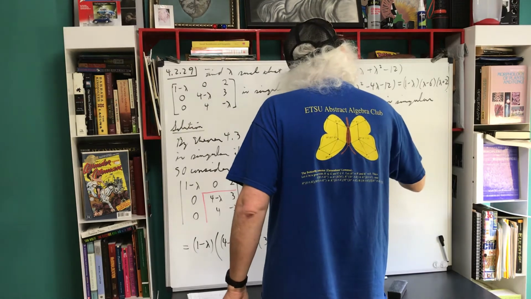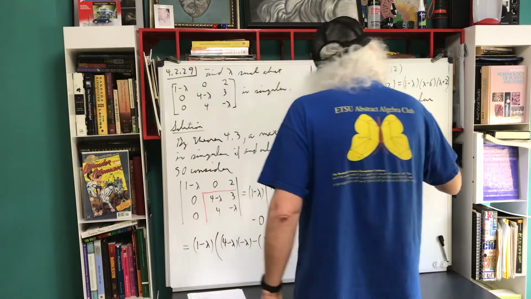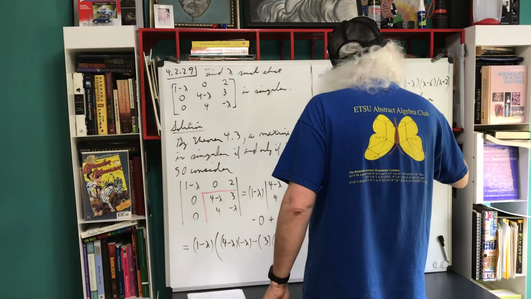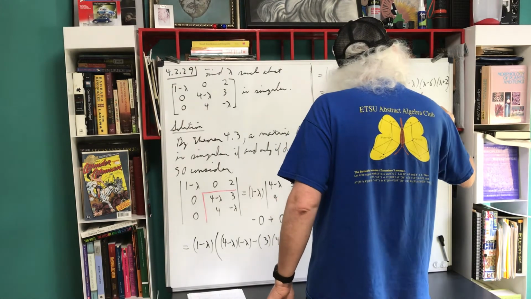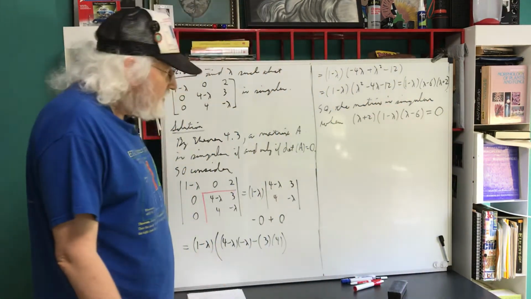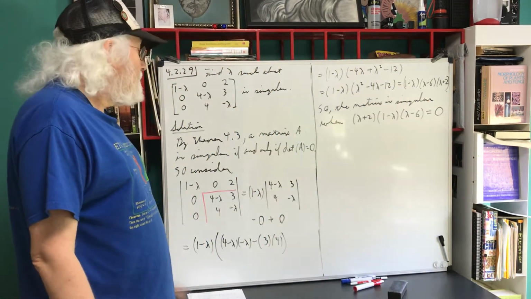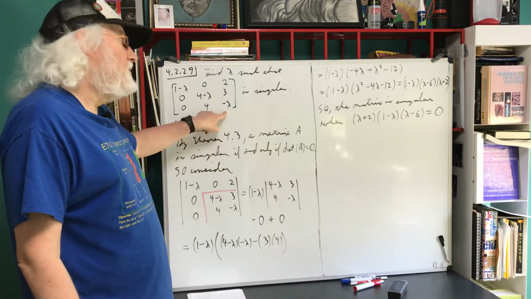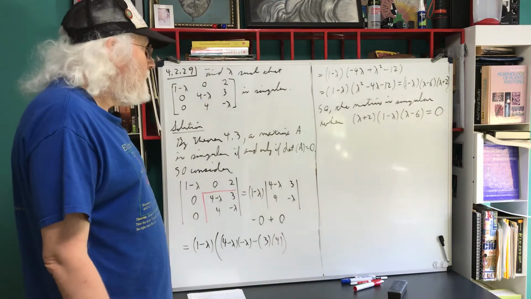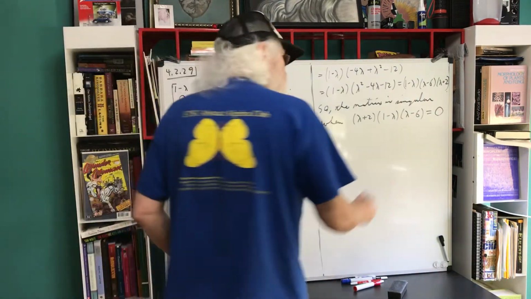Let's write it as lambda plus 2 times 1 minus lambda times lambda minus 6. When that determinant equals 0, I've got my reasons for writing it in this order, then by theorem 4.3, the original matrix is singular, non-invertible.